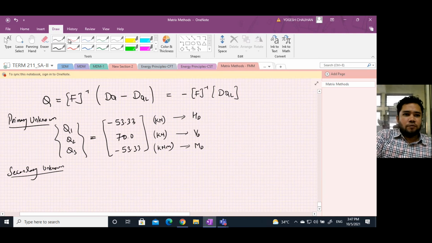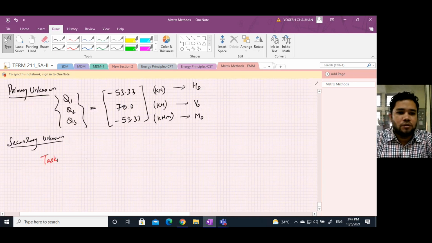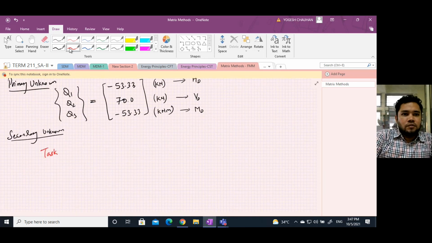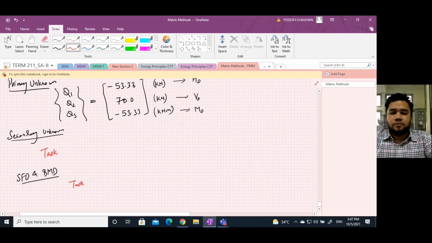Okay, so I leave it for you to complete this. Okay, so this example is over. Then you can draw the shear force and bending moment diagram. That is also a task for you.